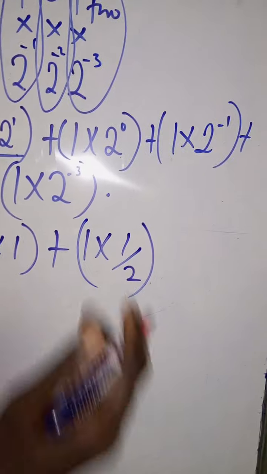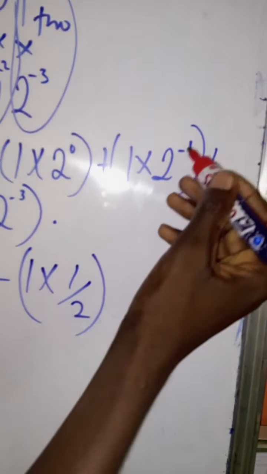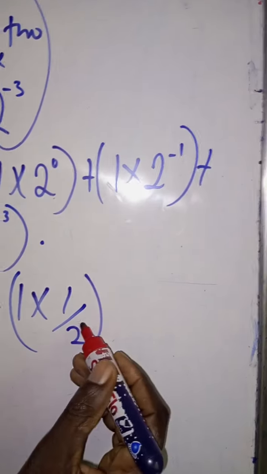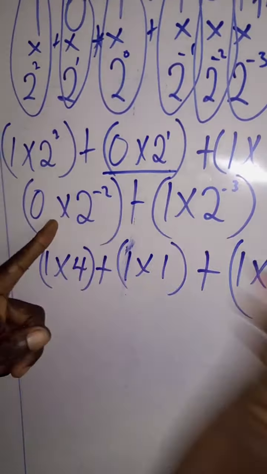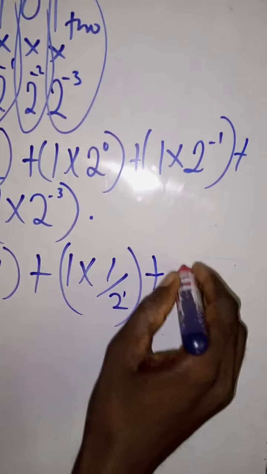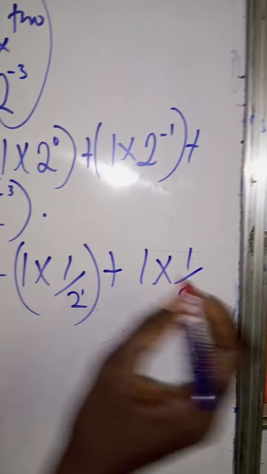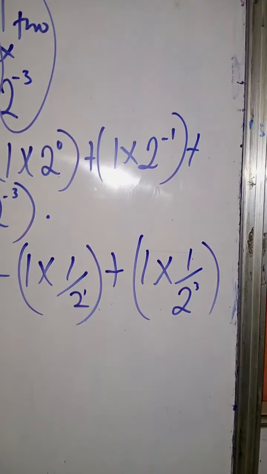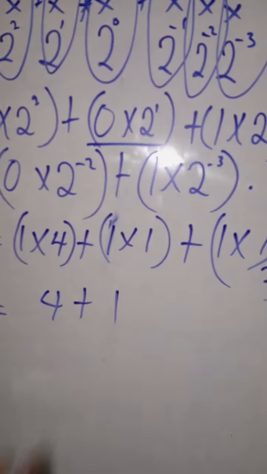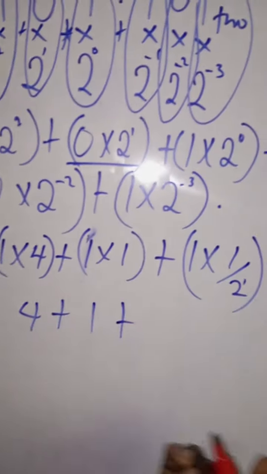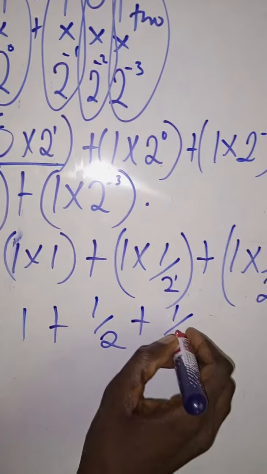This negative means 1/2, the complete number will come down, and this is to power 1. Let me move to this one. That will be 1 times 1/2 raised to power 3. So this one will now have 4 plus 1 plus 1 times half, it remains half. And 1 times this, it remains that number.